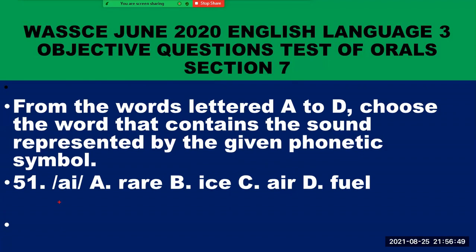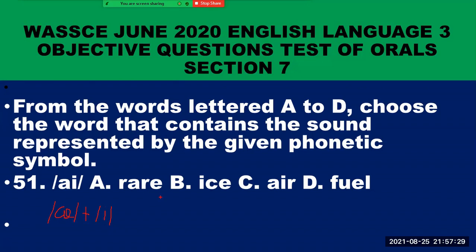A diphthong is a double sound, and so a diphthong is a combination of two monophthongs.